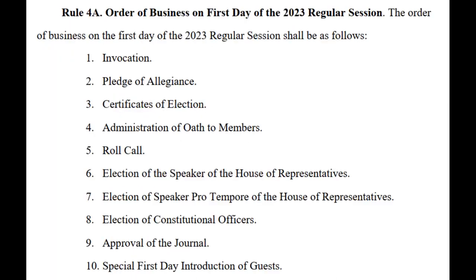Rule 4A. Order of business on first day of the 2023 regular session. 1. Invocation. 2. Pledge of Allegiance. 3. Certificates of election. 4. Administration of oath to members. 5. Roll call. 6. Election of the Speaker of the House of Representatives. 7. Election of Speaker pro tempore of the House of Representatives. 8. Election of constitutional officers. 9.